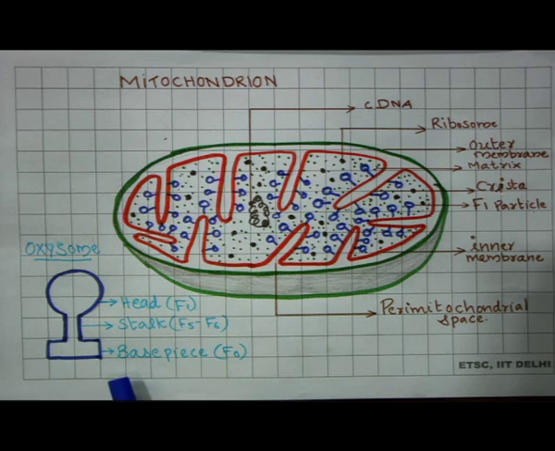For the synthesis of ATP, there needs to be the enzyme ATP synthetase, in short, ATPase. So, the ATPase enzyme is seen in the head region, and the function of this F1 particle is to help in the synthesis of ATP molecules during cellular respiration.